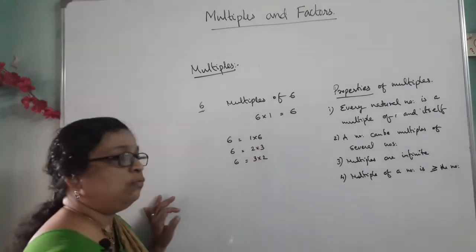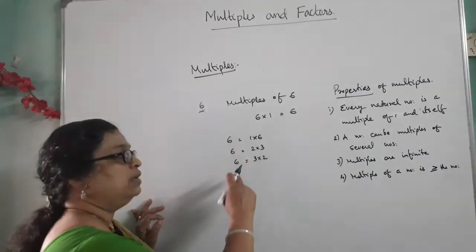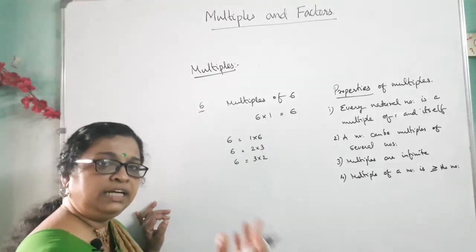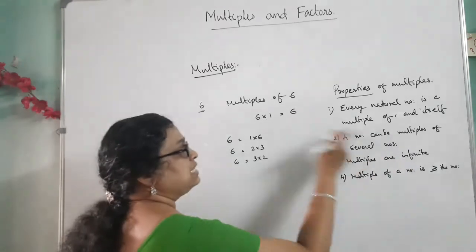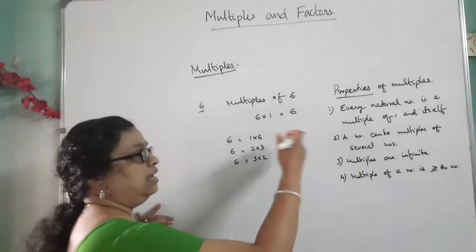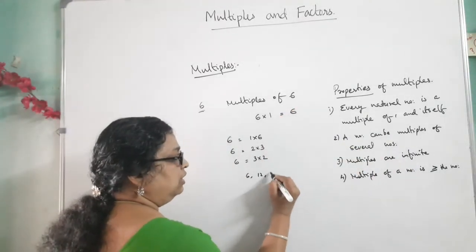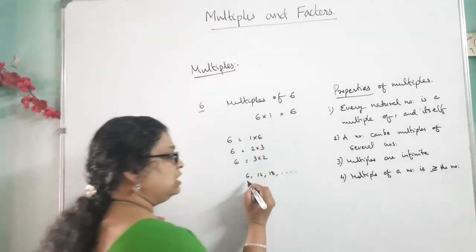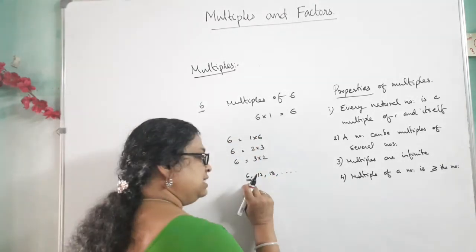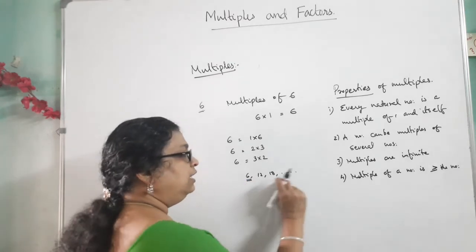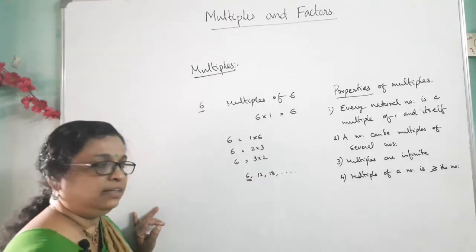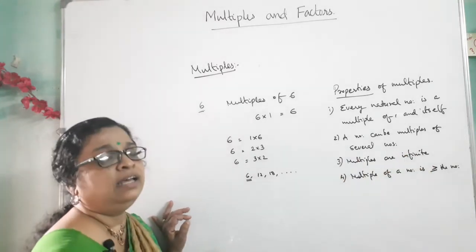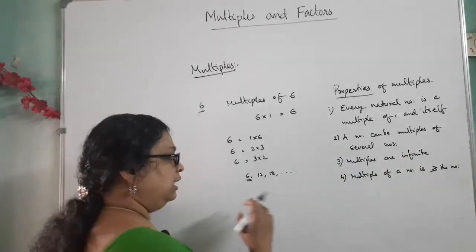The multiples of a number, for example 6: first multiple is 6, then second multiple is 12, third 18. Equal to means the same number, or greater than. That way the multiples of 6 are going. So the smallest multiple is 6, equal to 6, and all the other multiples are greater than 6. That is one property: multiple of a number is greater than or equal to the number.